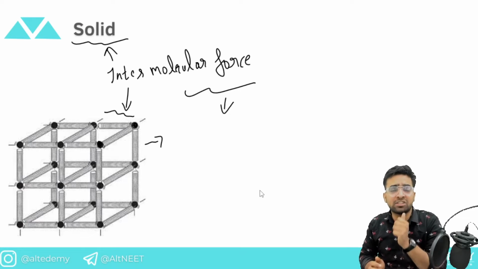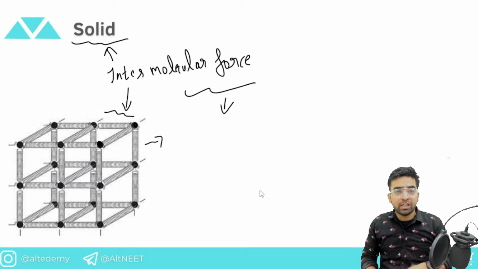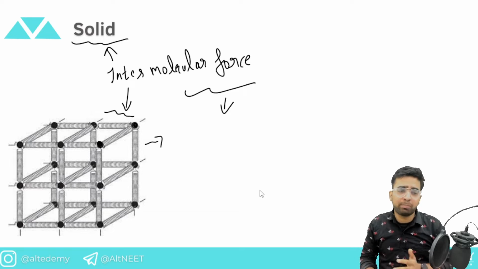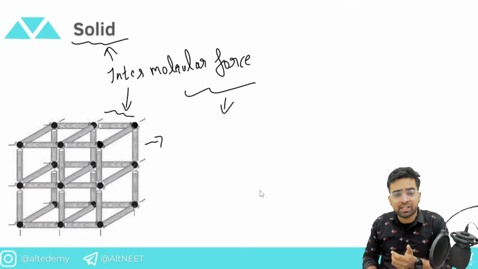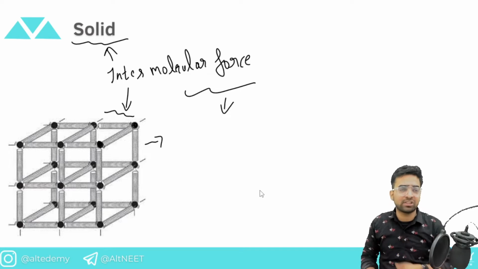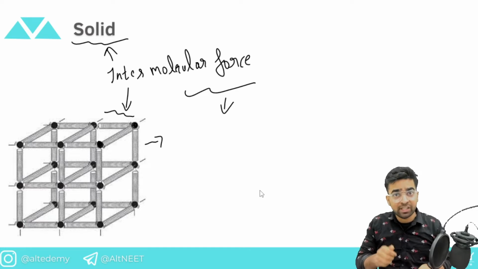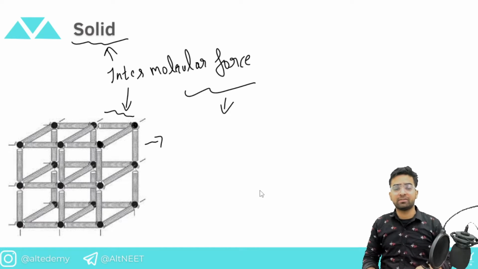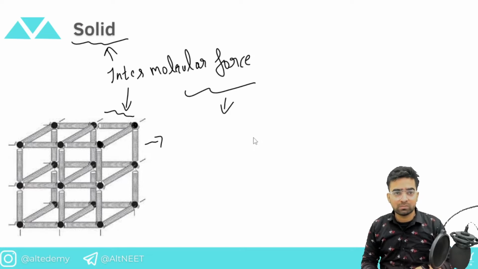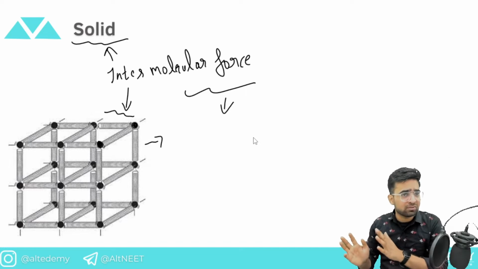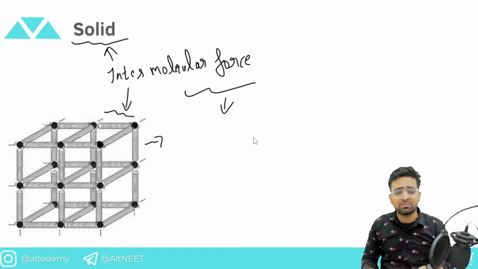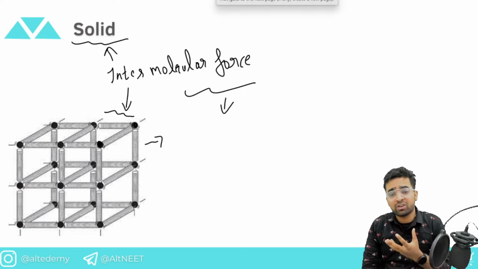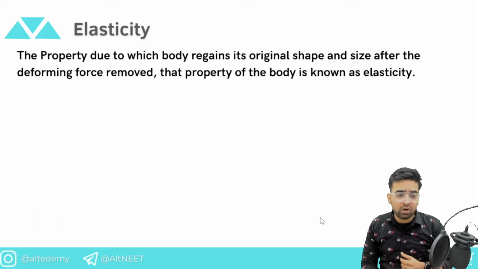This is how intermolecular force plays a role in solids and gives rise to elasticity. Don't go for the Morse curve; just have this picture, which is fine for a good visualization.